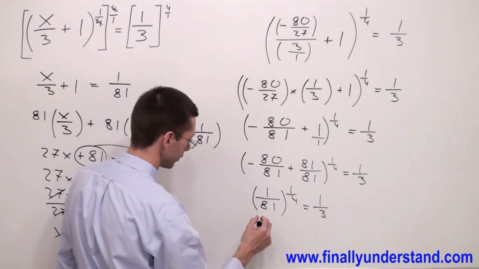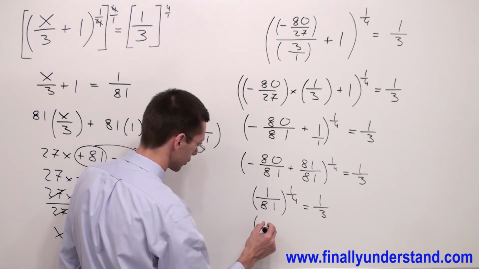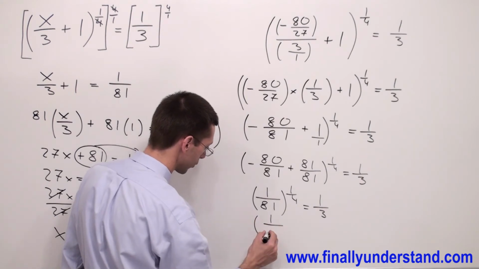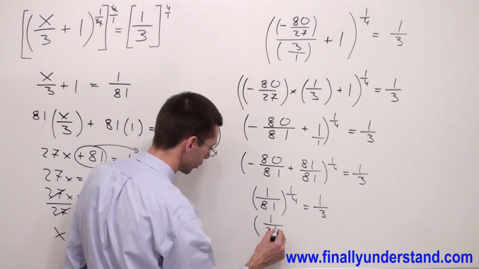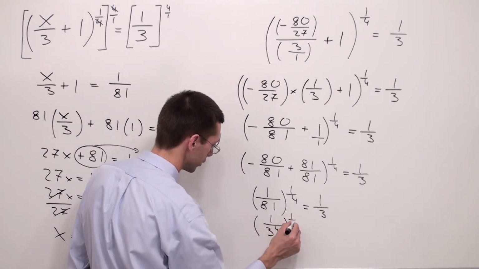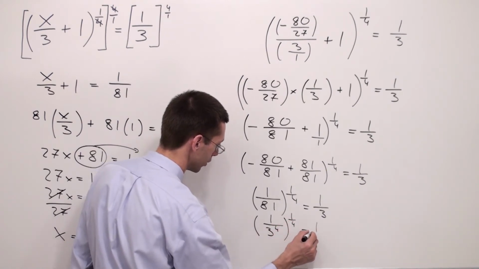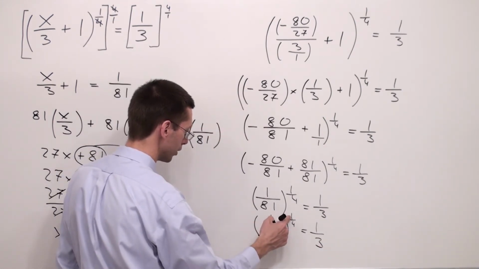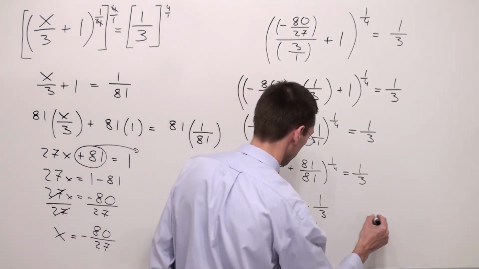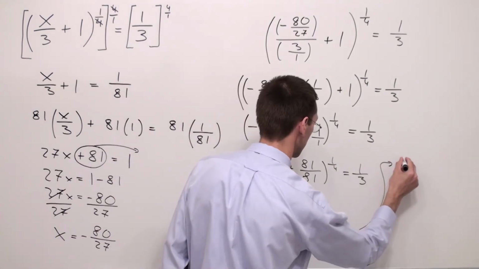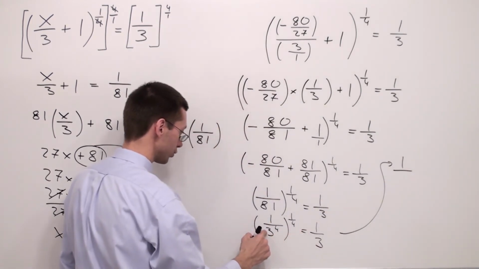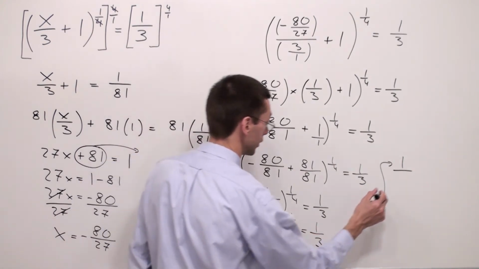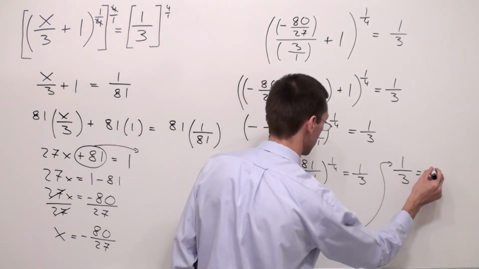Okay, now I can say this is 1, and 81 I can rewrite as 3 to the 4th power, and everything is raised to the power 1/4 equals 1/3. 1 raised to the power 1/4 is always equal to 1. 3 to the 4th power raised to the power 1/4, 4 and 4 will cancel out, is 3, equals 1/3.